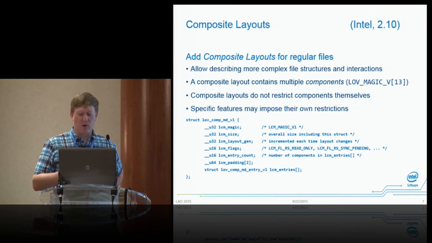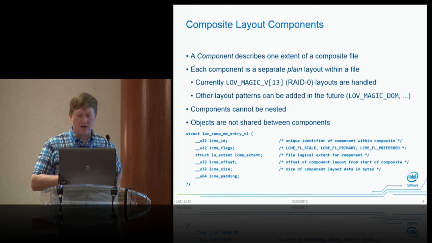At the component level there are no restrictions on what's in there, except that we don't support nested components. So what's in the composite layout is a component, which is one specific layout that might describe a range of a file.